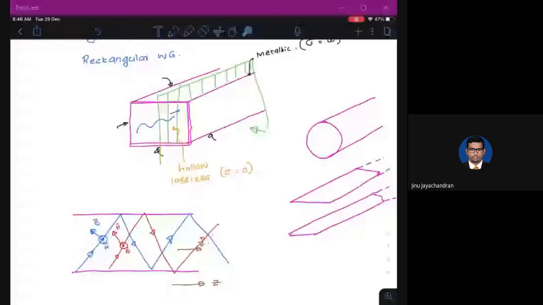So in this direction and in this direction, the wave is free. The wave is bounded only at the top and at the bottom. So this is called a parallel plate waveguide, and this is the circular waveguide.